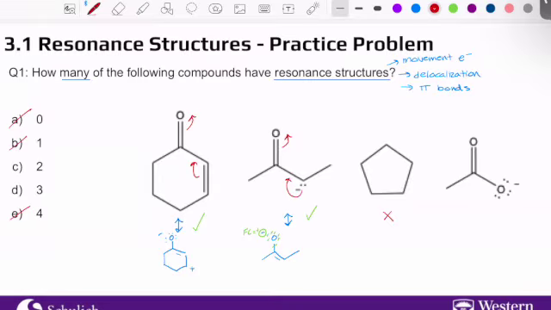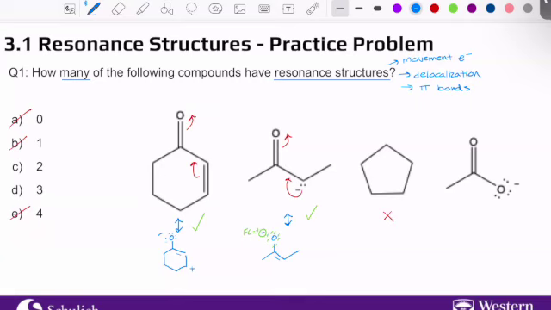And we already determined that our third compound does not have resonance because it cannot have delocalization or movement of electrons. So we are left with options C and D.